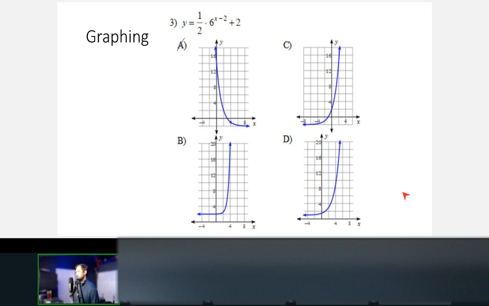I'm trying to lead you down the right path without giving the answer away. So use the vertical shift to select the correct answer. Isaiah, you better not be in Desmos typing it in.